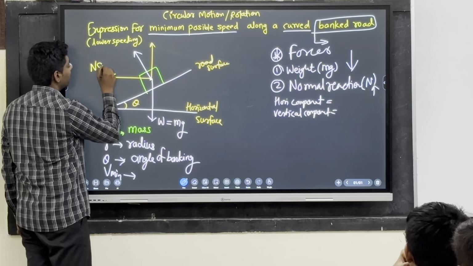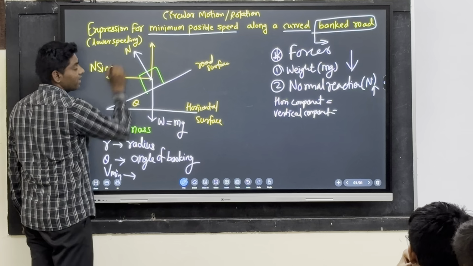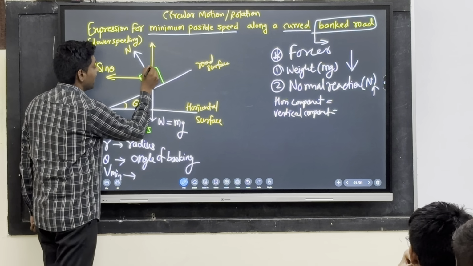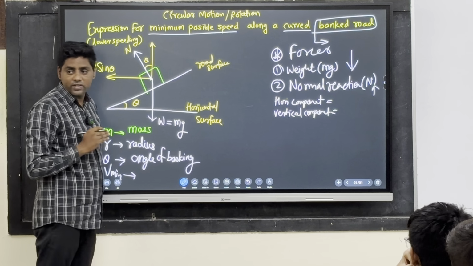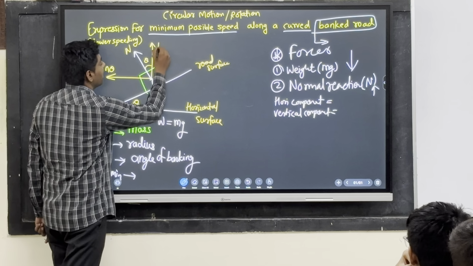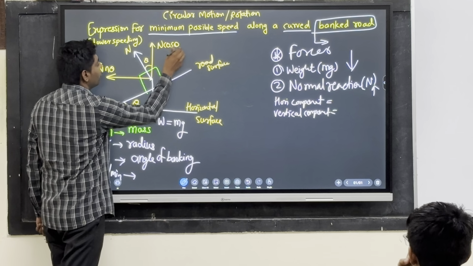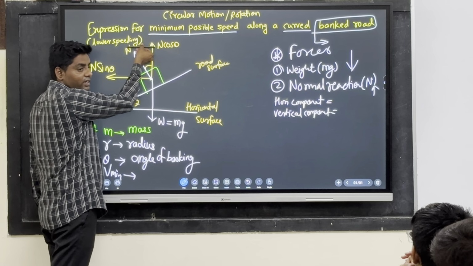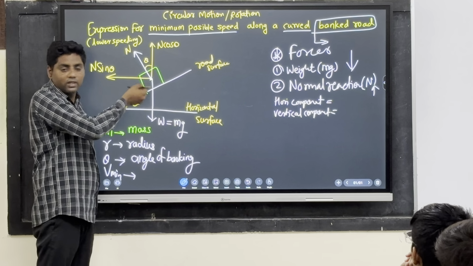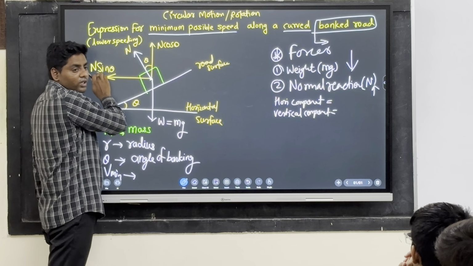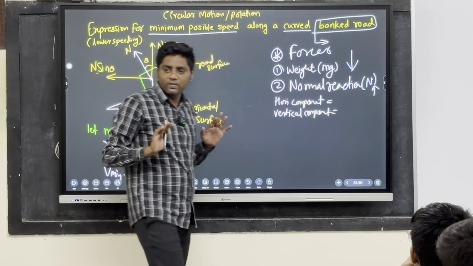N sin theta. So n be the hypotenuse, theta be the angle of banking, and now this is the adjacent side. For adjacent side, which component is there? That is n cos theta, and for opposite, that is n sin theta. But we resolve all forces at the point, so therefore we show the direction of horizontal component of normal reaction. Up to here it is perfect.